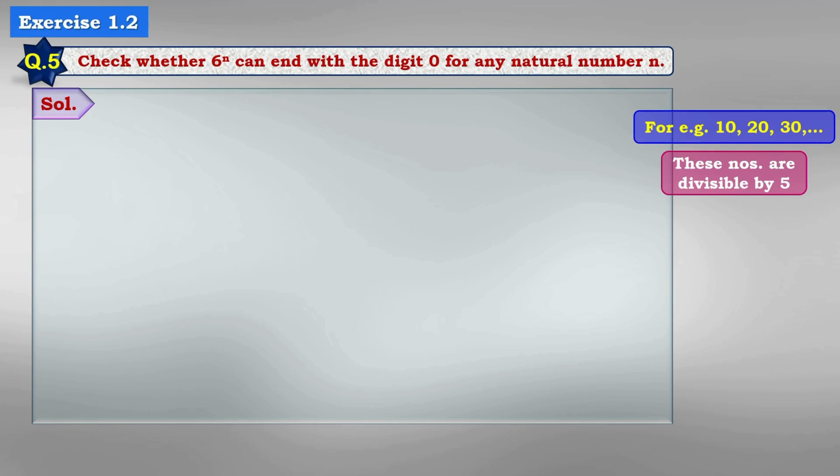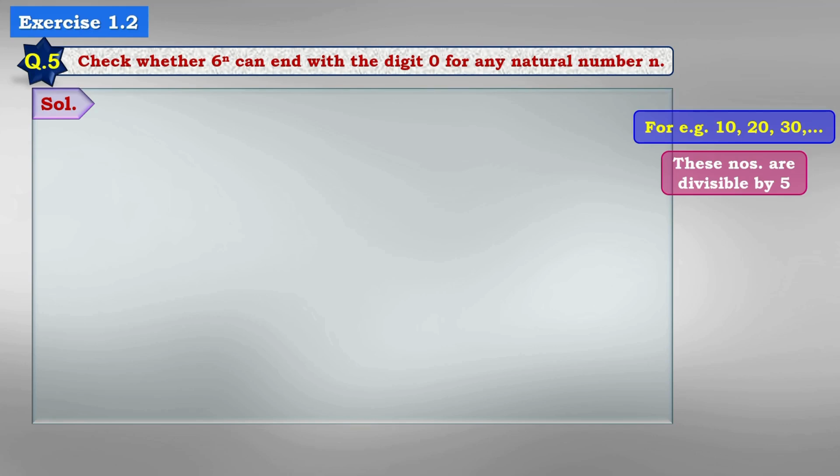We know that whenever a number ends with 0, it is a multiple of 10, and the factors of 10 are 2 and 5. So if the number ends with 0, it will always be divisible by 5, because ending with 0 means multiple of 10. So the number should always be divisible by 5.